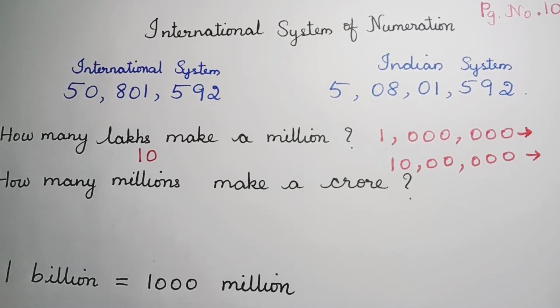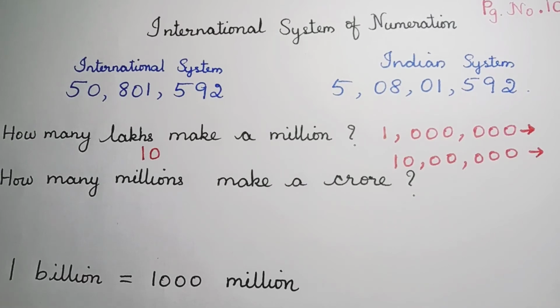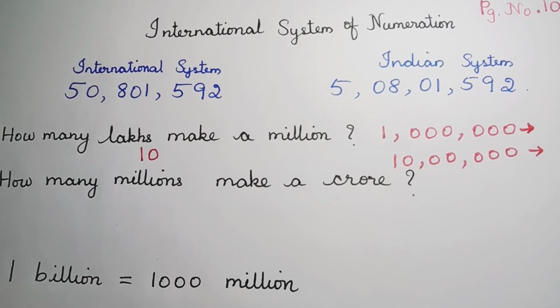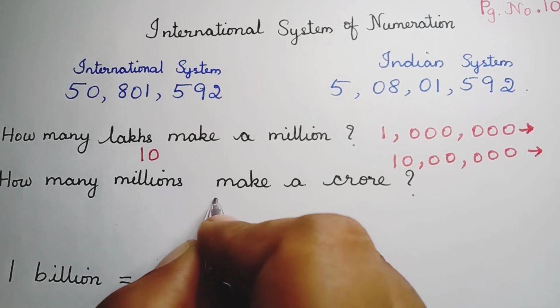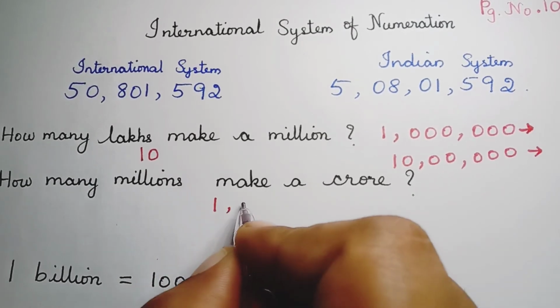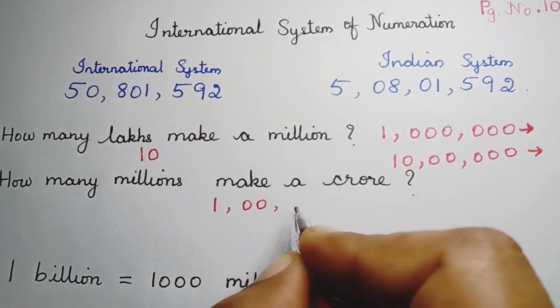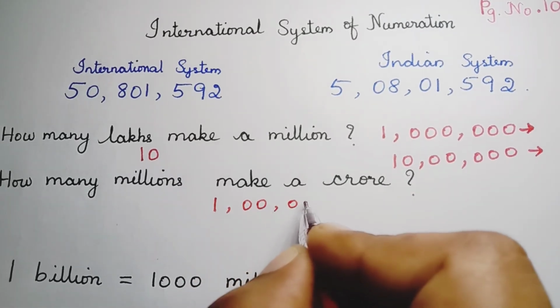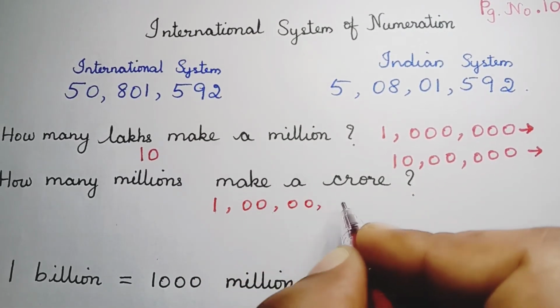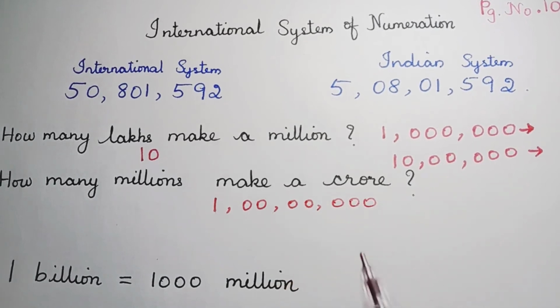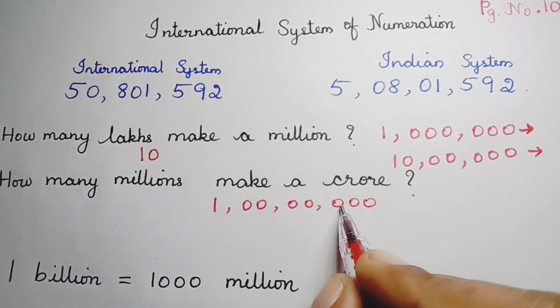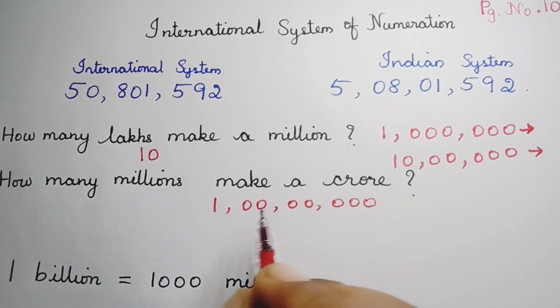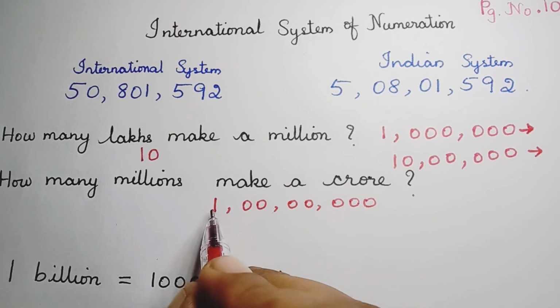So next question, how many millions make a crore? First let us write 1 crore. So how will we write? Ones, tens, 100, 1000, 10,000, lakhs, 10 lakhs, 1 crore.